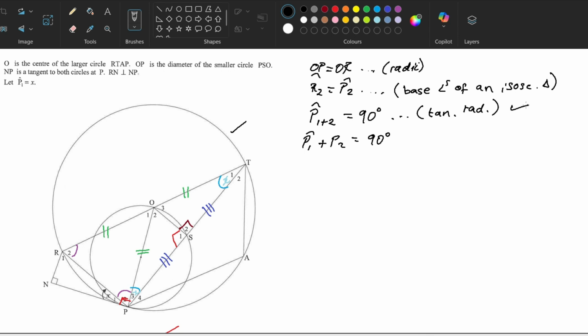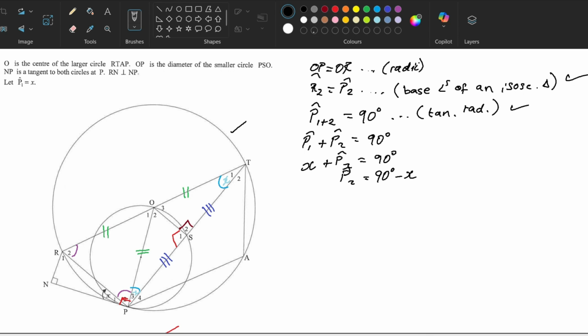So we are going to say P1, we know it is X, right? And P2, that's what we are looking for, is equal to 90. And then we know that P2 is equal to 90 minus X. Then you can just tell the examiner that you know that P2 is equal to R1, but we've just stated it there.